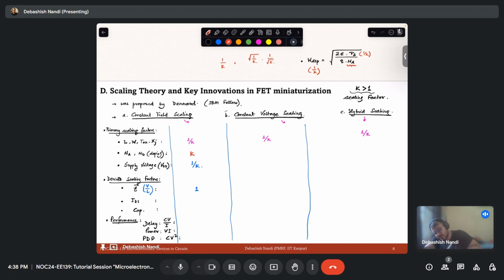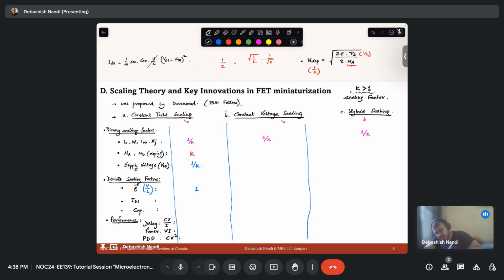What is your IDS equation? Half mu n Cox W by L, VGS minus VTH whole square. So this is scaling independent.